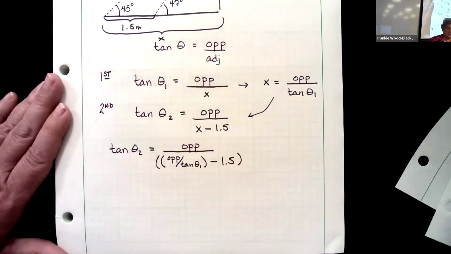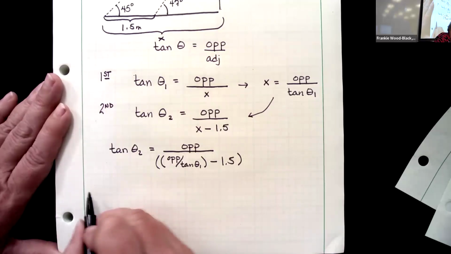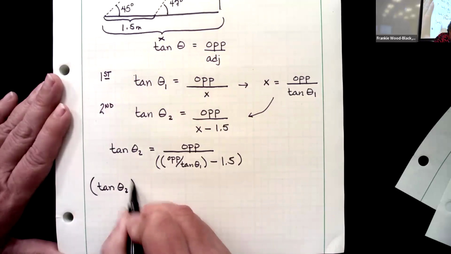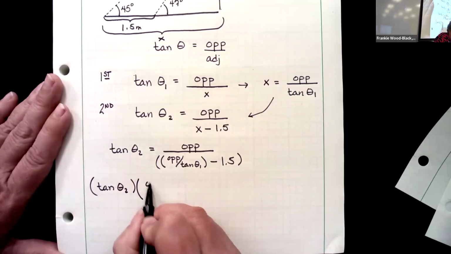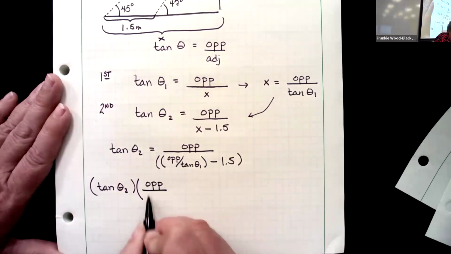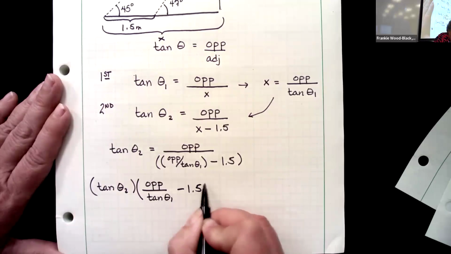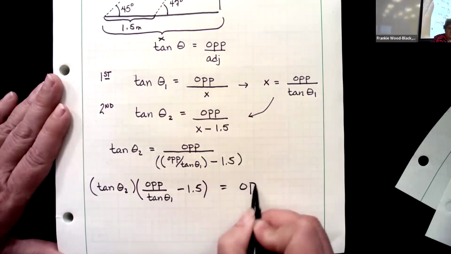So I have all those there. So now I'm going to clean this up and I'm going to solve for opposite. So I get tangent of the angle 2 times the opposite divided by tangent angle 1 minus 1.5 equals opposite.